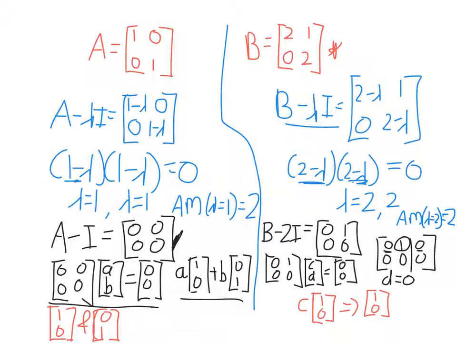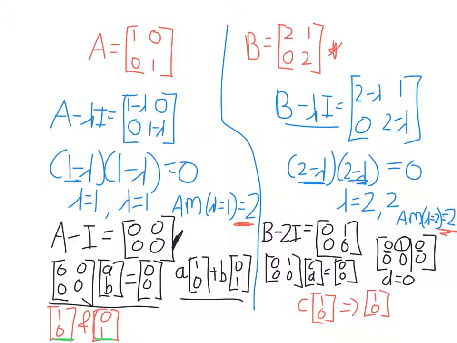So look at the eigenvalues in both cases. They both had an algebraic multiplicity of 2 because they were a double root of the characteristic equation. But look at A. It has two vectors here that are linearly independent. We know that because neither is a scalar multiple of the other.